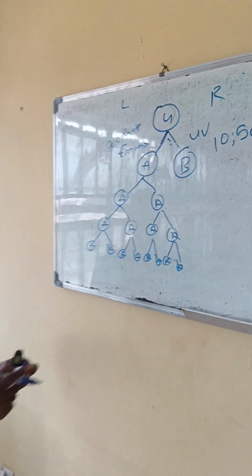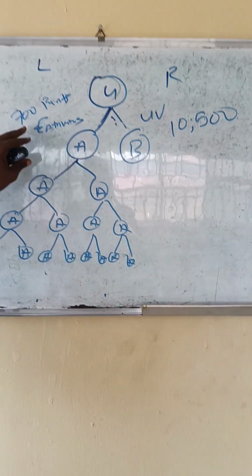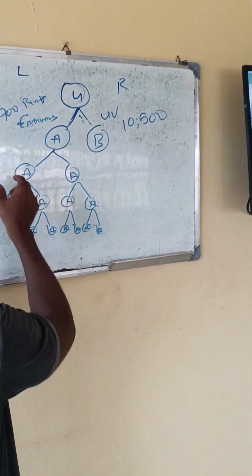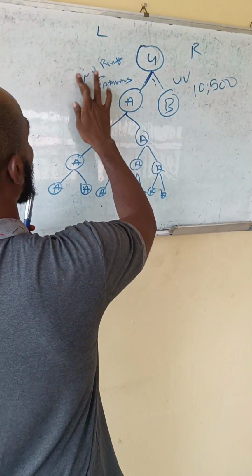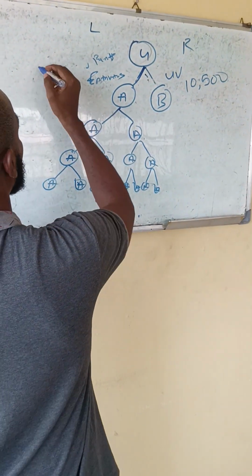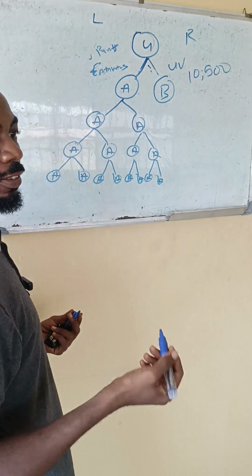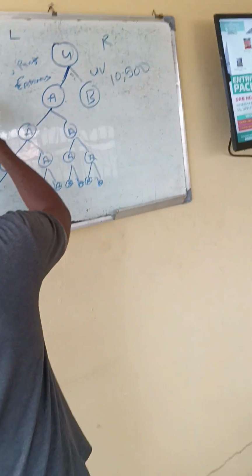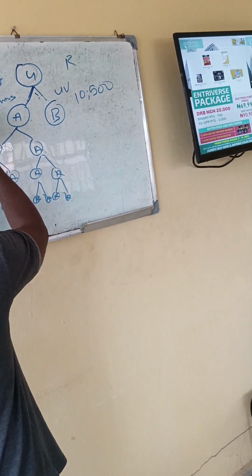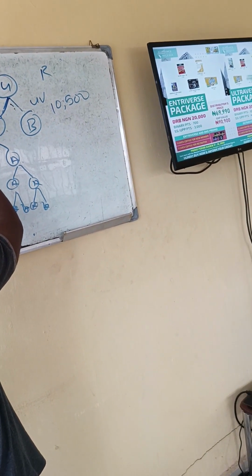Entry Verse. So he has done 15 accounts. So when you multiply 15 by 700, you have what? You have 10,500 binary points.